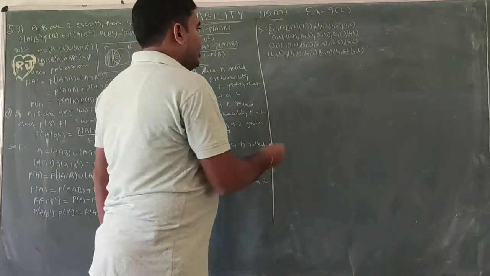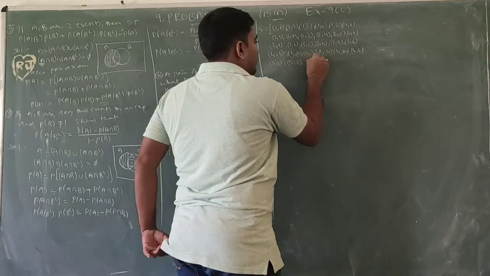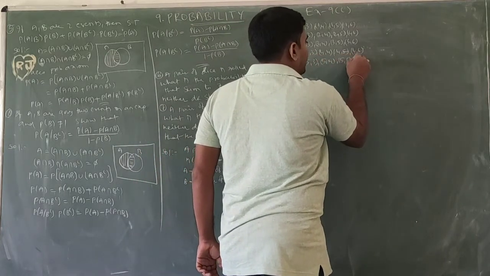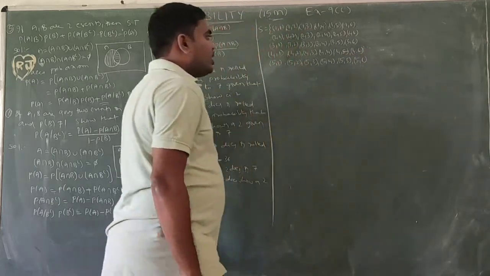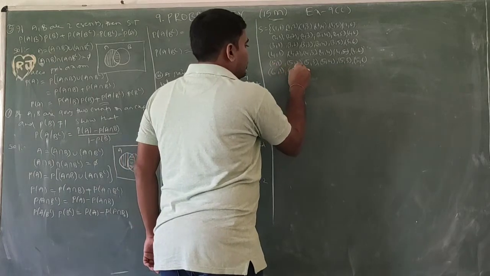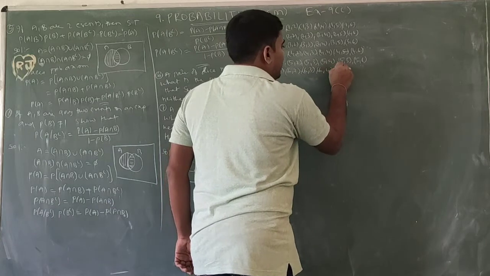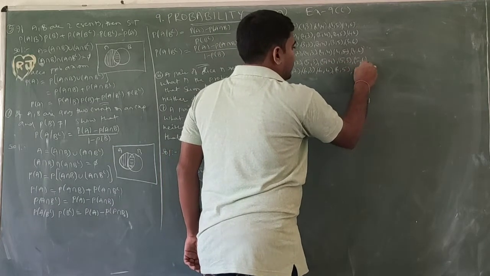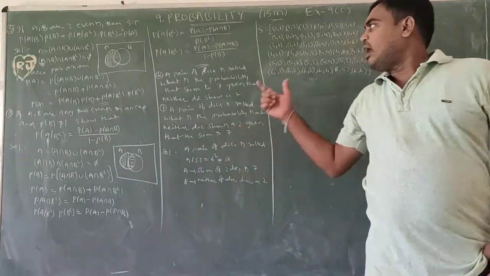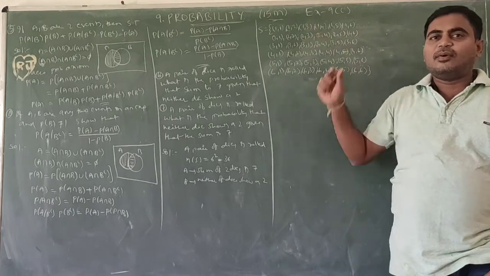Next 5 1, 5 2, 5 3, 5 4, 5 5, 5 6. Now 6 1, 6 2, 6 3, 6 4, 6 5, 6 6. So these are all the possible choices when 2 dice are rolled.